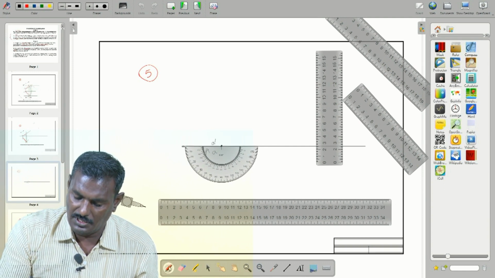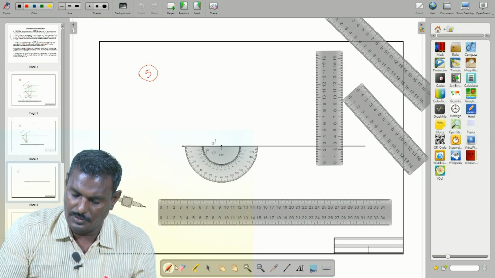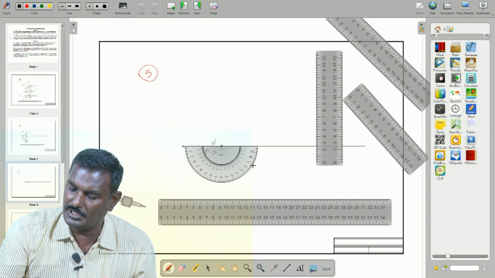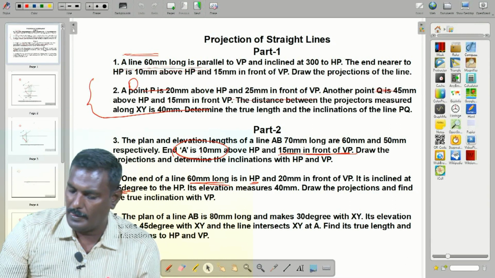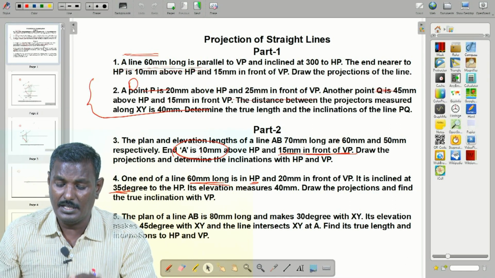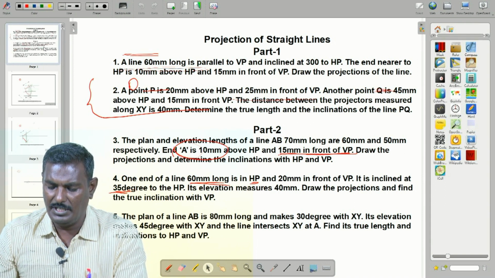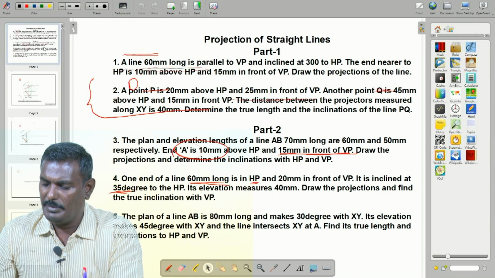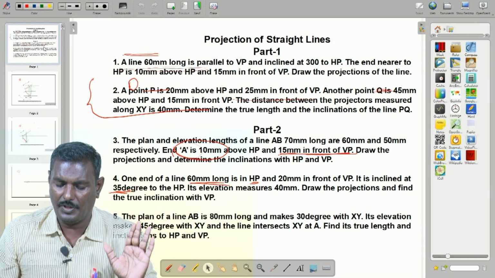Measure 30 degrees, 10, 20, 30. What about the other one? Its elevation makes 45 degree. Line AB is 80 mm long, makes 30 degree with XY, its elevation makes 45 degree.